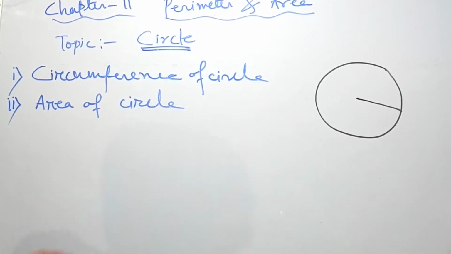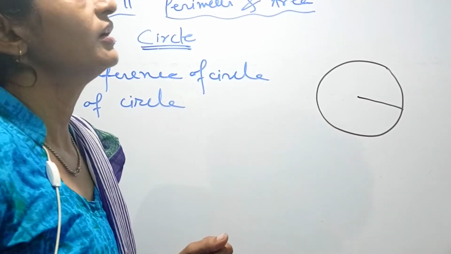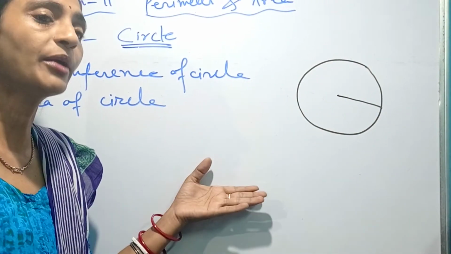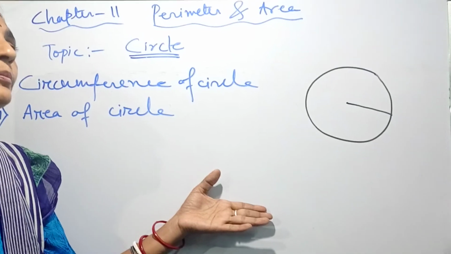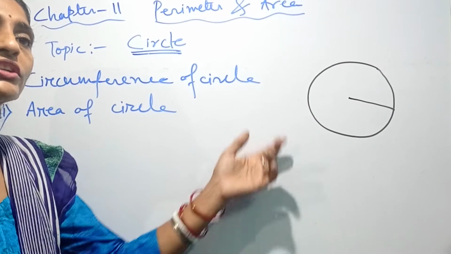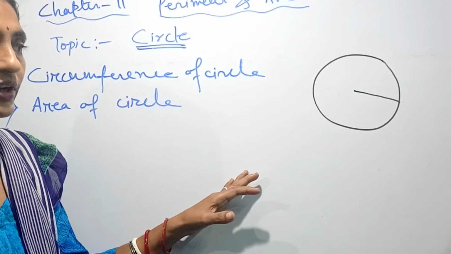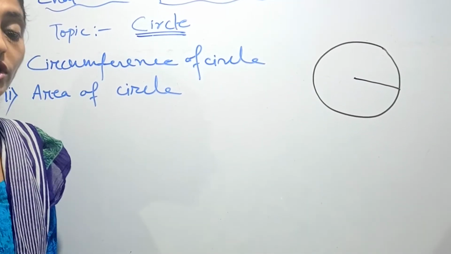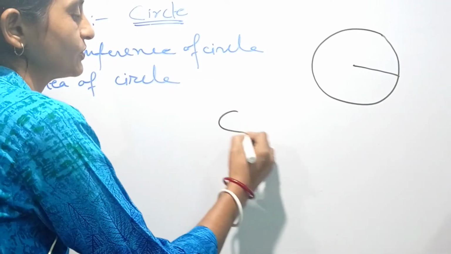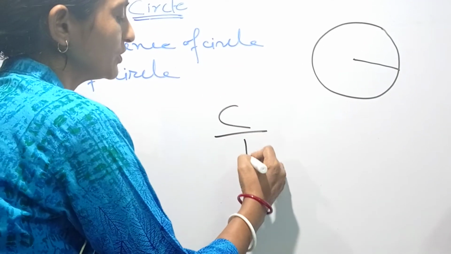For that, one idea has come. When we compare the circumference and the diameter of different circles, different diameters give different circumferences.